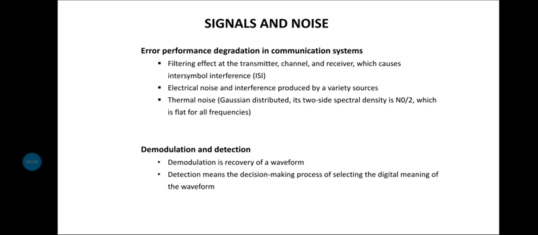We also have thermal noise, which is Gaussian distributed, with a two-sided spectral density of N0 by 2. Other electrical noise comes from a variety of sources such as galactic, atmospheric, switching transients, intermodulation noise, etc.